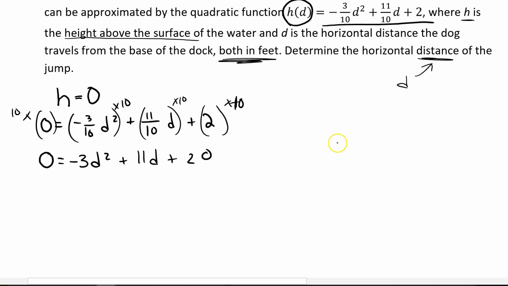So just in the margins, we're going to write down two numbers that multiply out to negative 60, because negative 3 times 20 is negative 60, and add up to positive 11. One of them has to be positive, one of them has to be negative. The two numbers that are coming to me are 4 and 15. So we want to have the positive on the 15 and the negative on the 4. Now somebody came up to me and asked me, well, what do I put first?